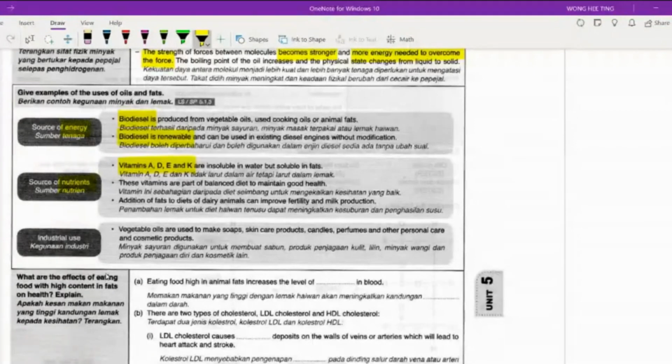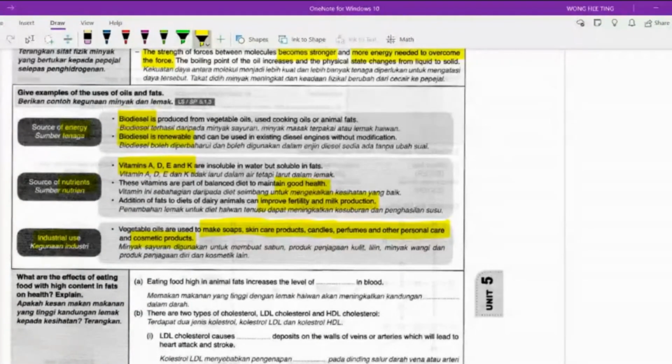These vitamins are part of a balanced diet to maintain good health. Addition of fats to the diet of dairy animals can improve fertility and milk production. Next, in industry, vegetable oils are used to make soaps, skincare products, candles, perfume, and other personal care and cosmetic products.